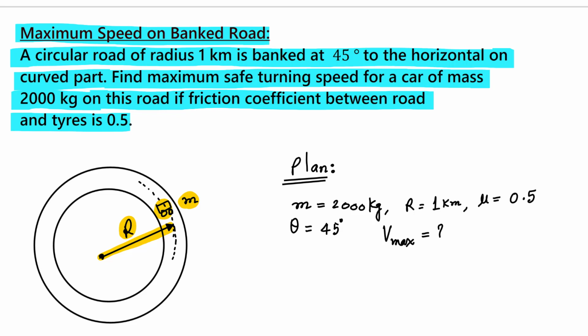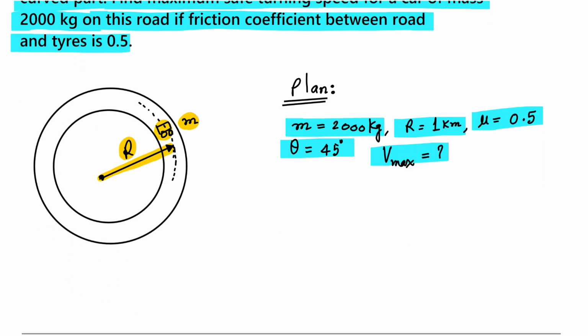What other things are given? We have been given the mass of this object, that is 2000 kg, radius is 1 kilometer, friction coefficient is given, and banking angle is given. And what we have to find? We have to find maximum velocity. So let's see how you will do this problem.